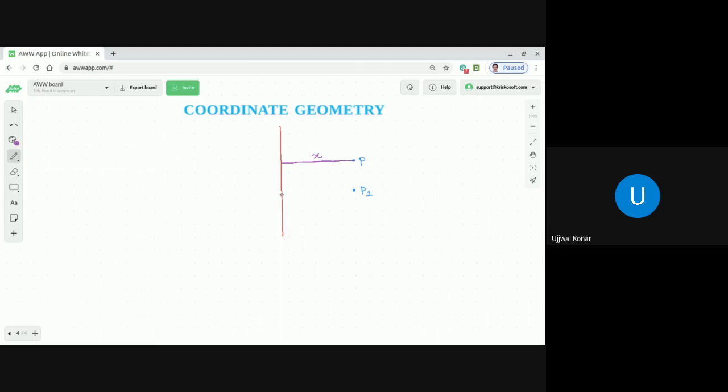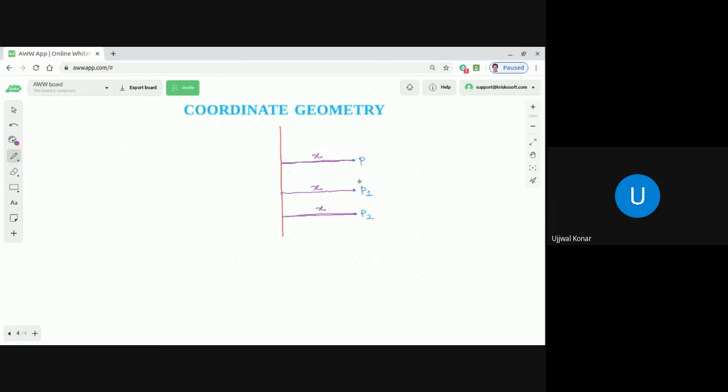I hope you agree with me. Correct or not? Yes, sir. I can get another point P2 here, just beneath P1, which is also at a distance of x from that straight line. And dear students, whenever we talk in coordinate geometry, the distance from a point to a straight line is always a perpendicular distance.